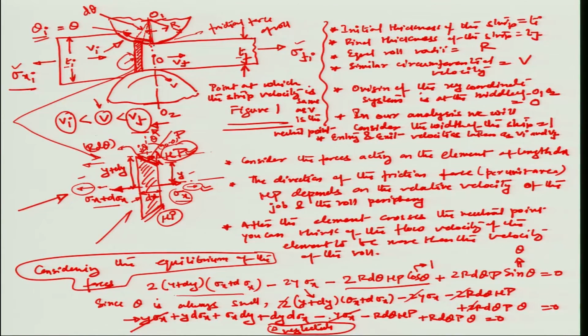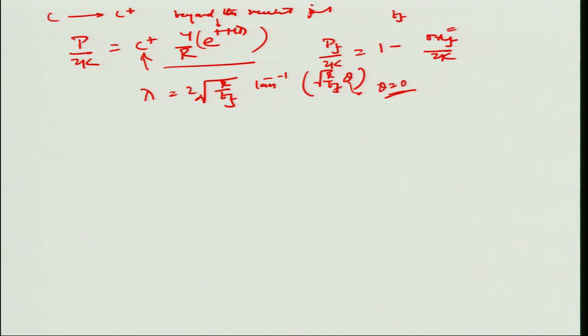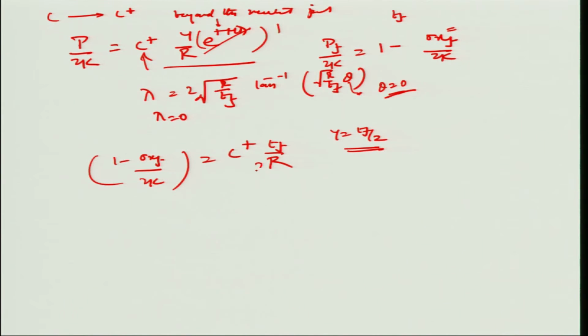Corresponding to this theta equal to 0, which is the exit condition for the roll where T equals Tf, tan inverse 0 is 0, so lambda becomes equal to 0 here, and we are left with this as 1, and 1 minus sigma xf by 2k becomes equal to C plus times y by r. Because it's Tf, as I told you, y is actually Tf by 2, just as for the initial thickness it is Ti by 2. That's how y has been designed.